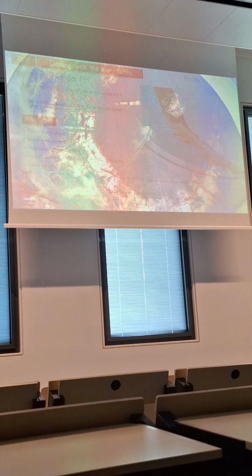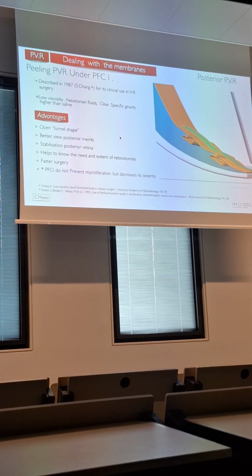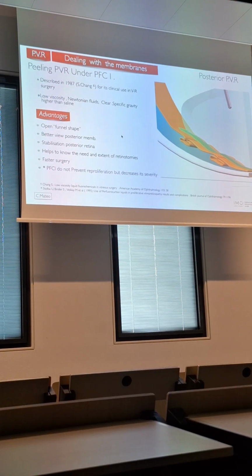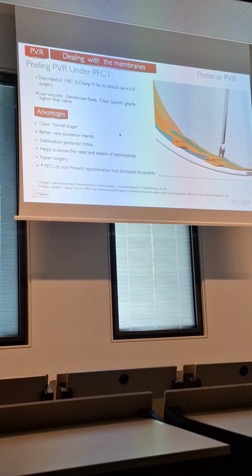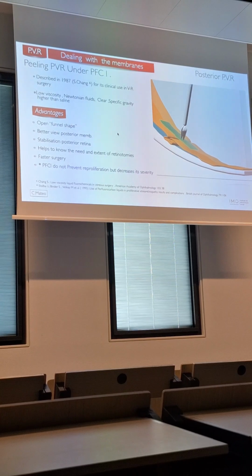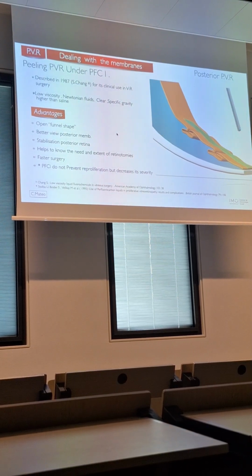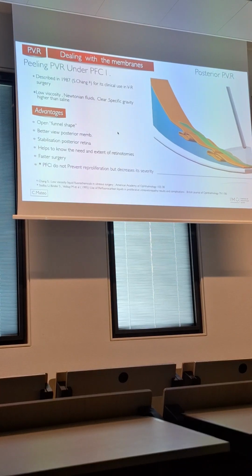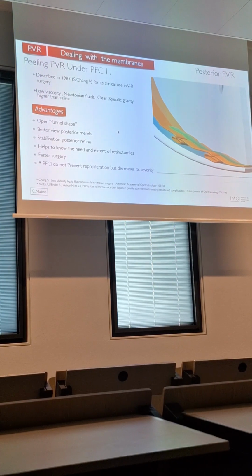Okay, so let's continue. Why do I peel the membranes under the perfluorocarbon liquid? Perfluorocarbon liquids were described by Stanley Chang many years ago, for giant retinal tears, to reattach retinal tears. But in '89, we were in a meeting in New York with Jorge Rothschild, and we started to do all our PVR cases under perfluorocarbon liquid.